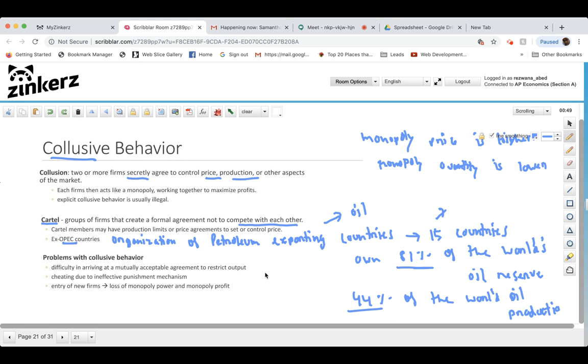Because you're not going to be benefiting consumers. Being a monopoly is not a good thing for society, because you charge a higher price, and you produce less than the socially optimal quantity. Society wants them to produce more, but they produce less, and then they can charge a higher price. So by colluding, they can act like a monopoly, and society doesn't like that.